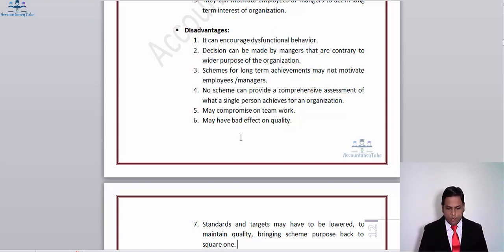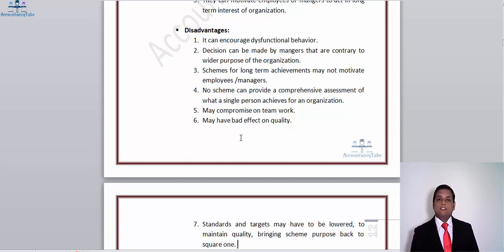After that, we may compromise on teamwork. This happens in most organizations if the assessment of individuals is highly based on personal performance levels.